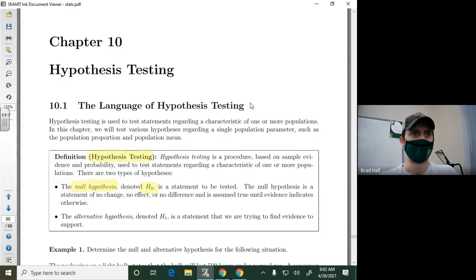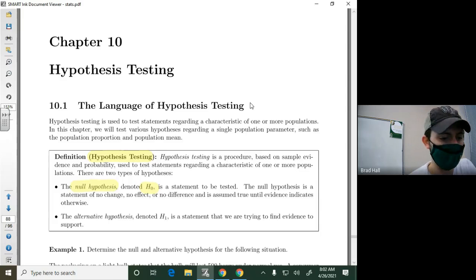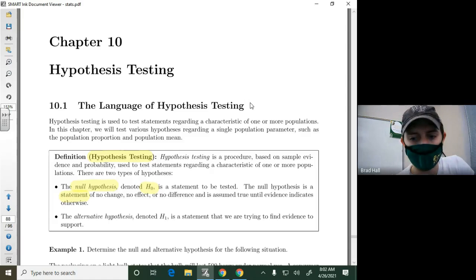You'll commonly hear me say H naught. That's pretty general mathematical verbiage. But that's the null hypothesis. This is going to be considered a statement. The best way to characterize this is a statement that is assumed true until evidence indicates otherwise.